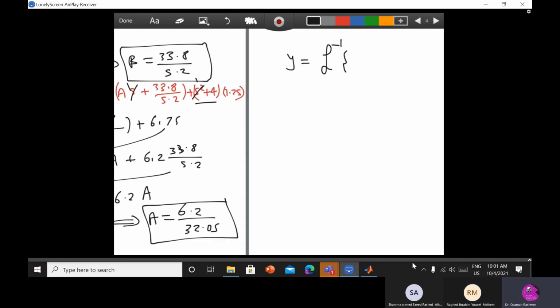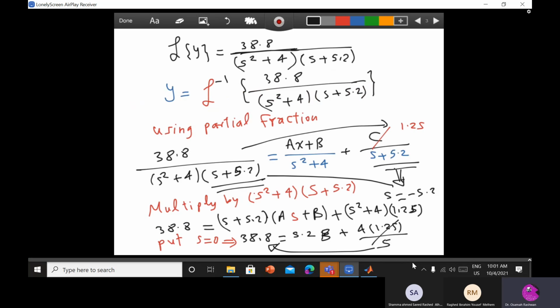So y will equal to Laplace inverse for the first one, which is AS plus B over S squared plus 4.